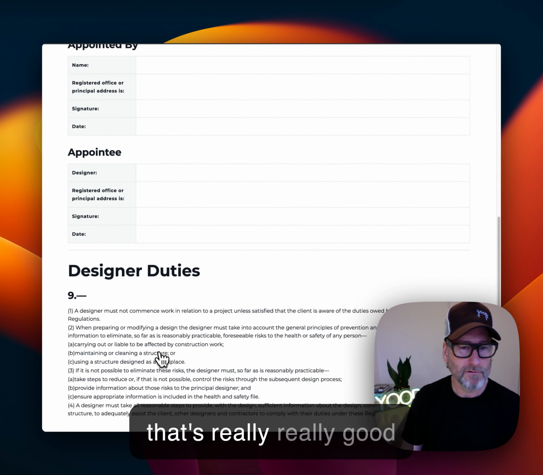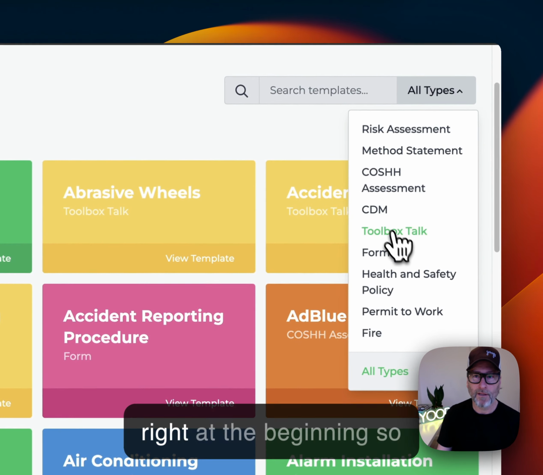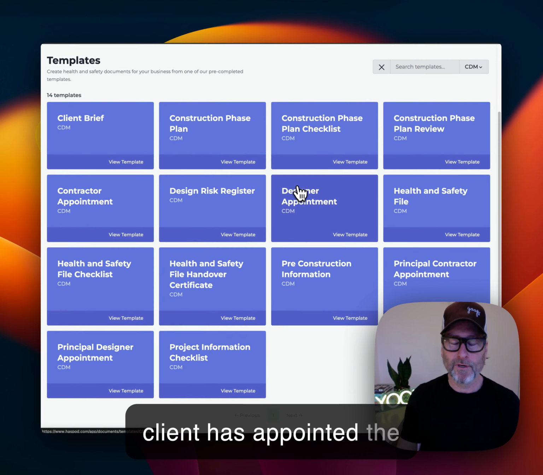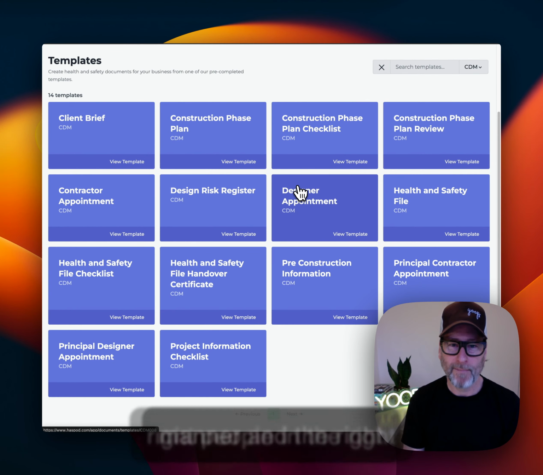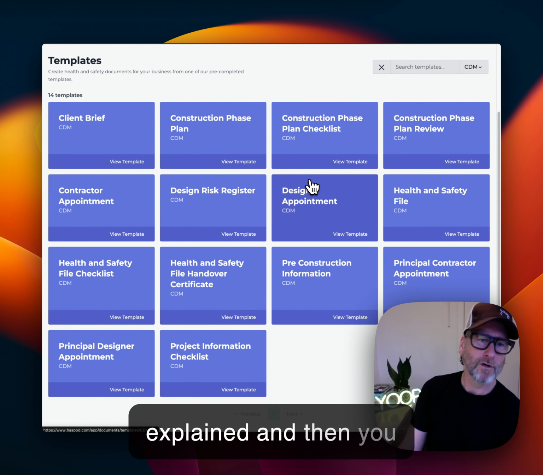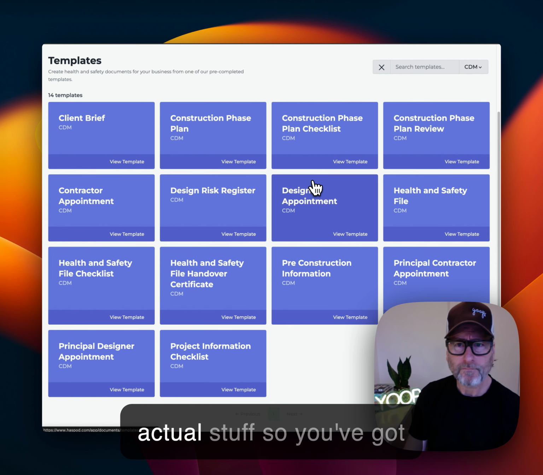So that's really, really good. You can fill that out right at the beginning, so that if it was audited, the client has appointed the right people in the right manner and the right duties have been explained, and then you can go on to doing the actual stuff.